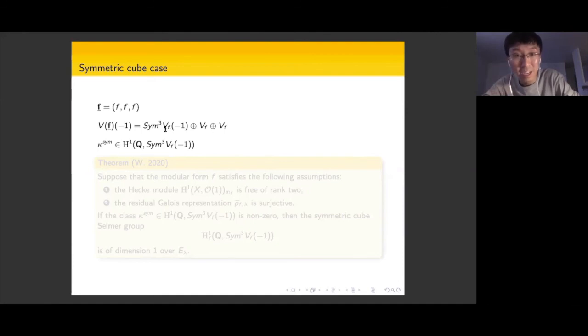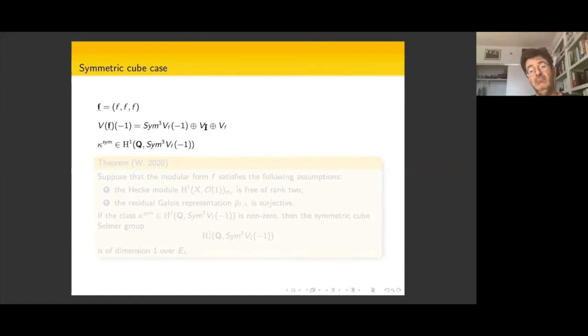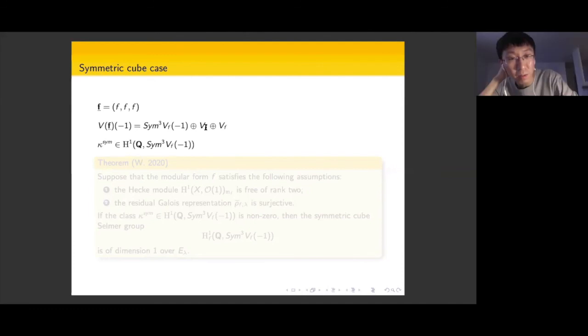So I think that's probably the right approach. But here there is no result analogous to the result of Murty on quadratic twists of modular forms in the cubic twist setting. It's a quite difficult analytic number theory problem.